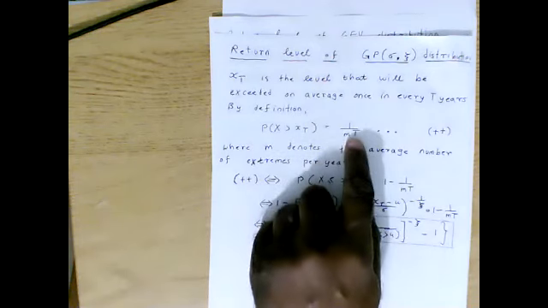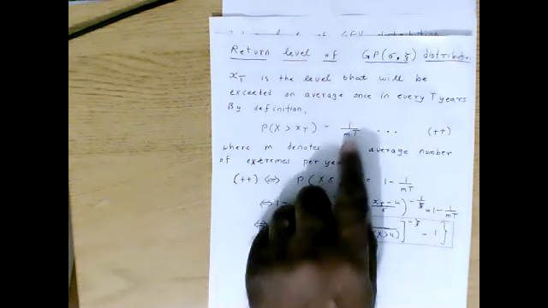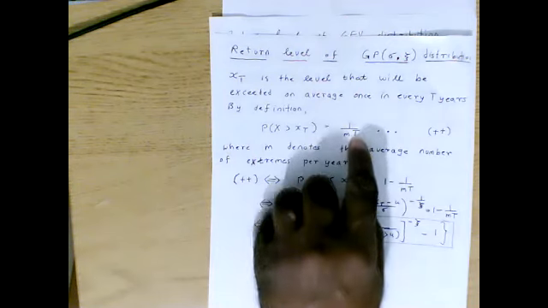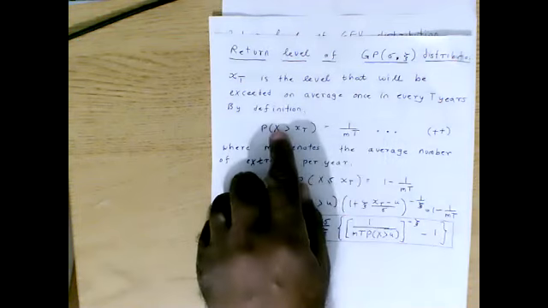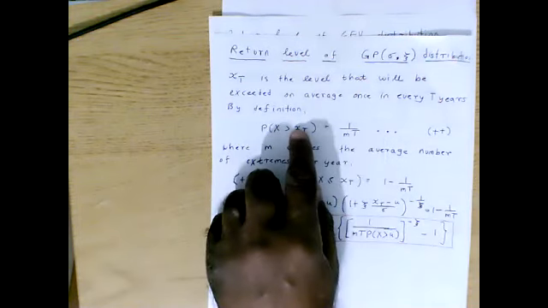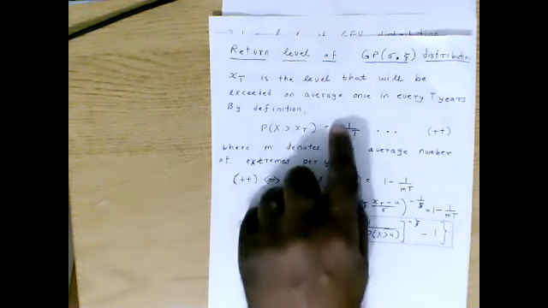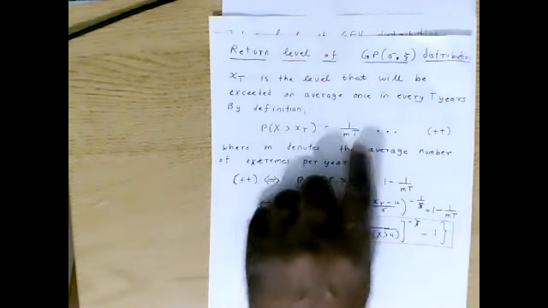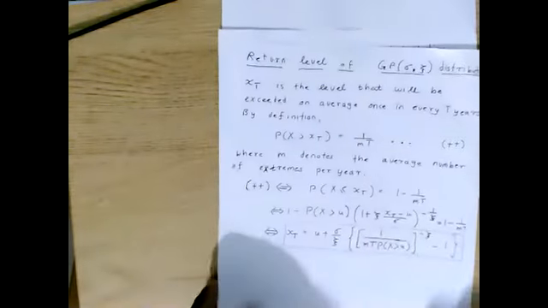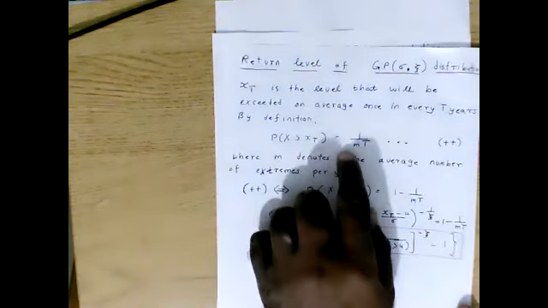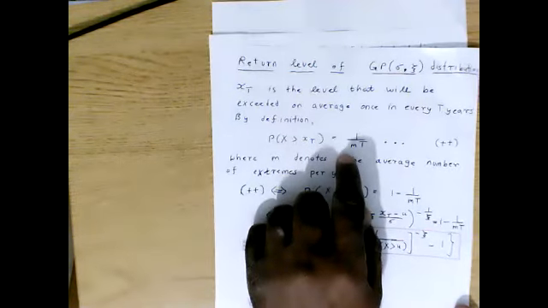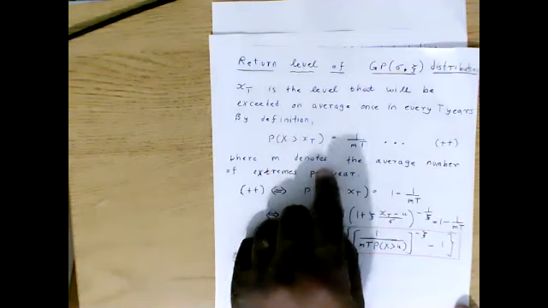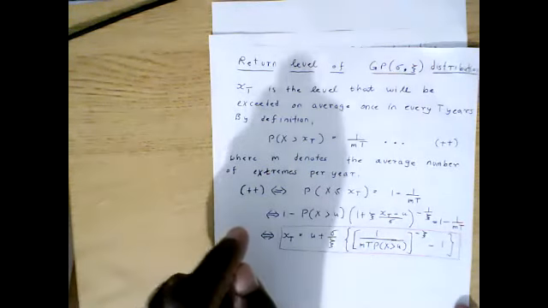So over capital T years, there will be little m times T extreme values, right? Okay, so the probability that x is greater than little x_T will be 1 divided by m times T.